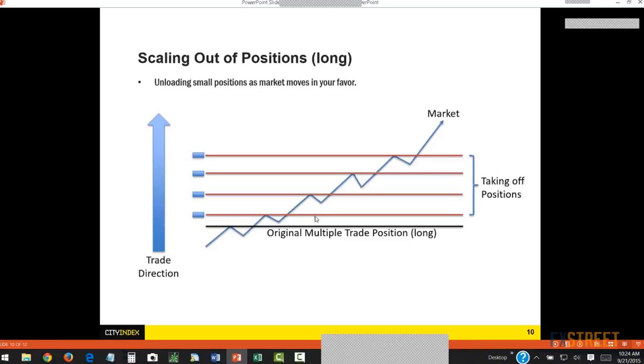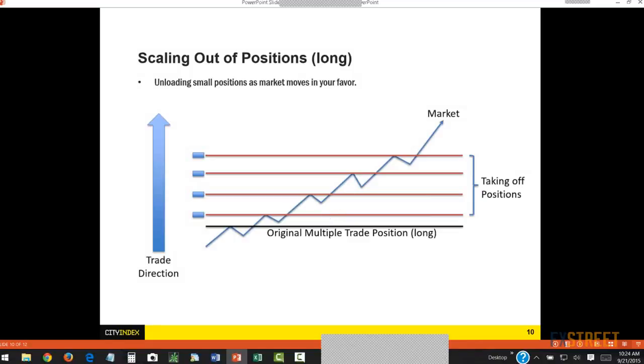So now you've taken your profits on 2 positions, and you have your stop loss for the remaining 2 positions right here at a profit, which means that if the market subsequently turns around and takes you out, then you have a profit not only on the positions you took profit on, but also on the positions that you let run.